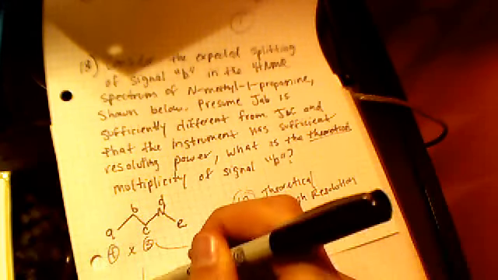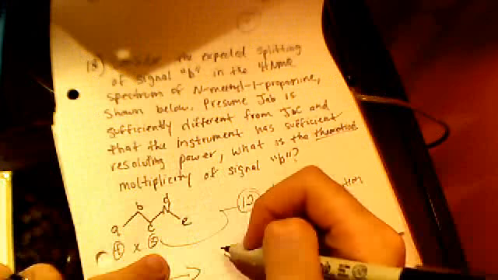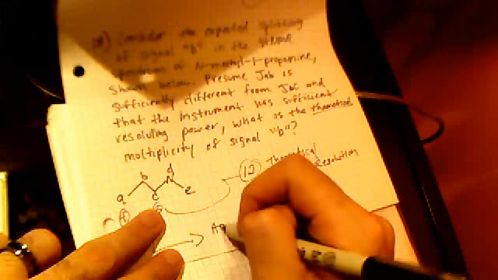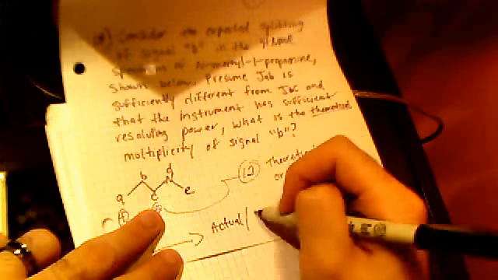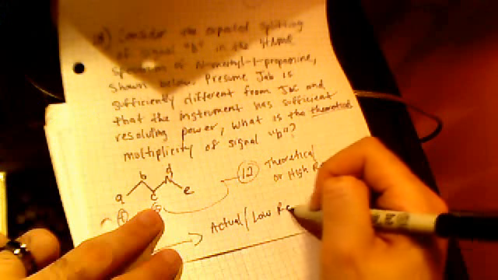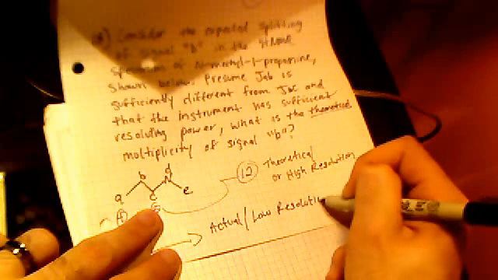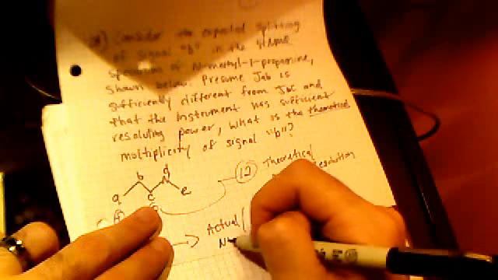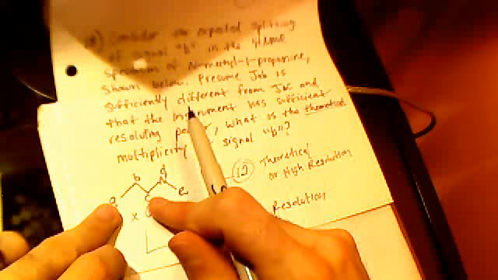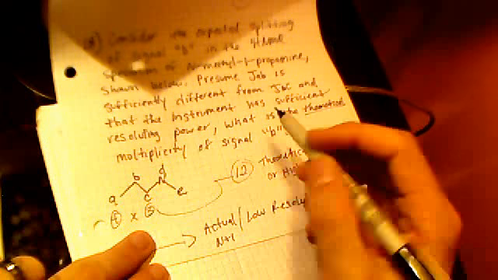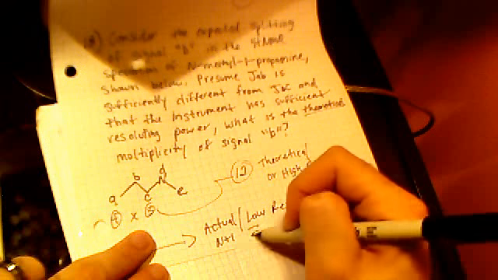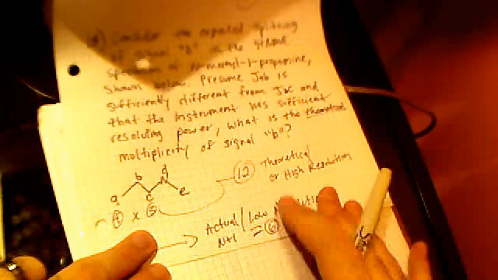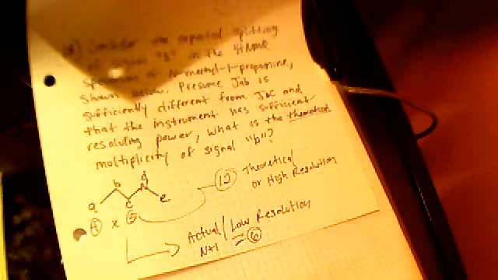So this is the actual, low resolution. Use the n+1 rule for all of the hydrogens, and that would give you 6. That's not the answer here, but I think it's good to know.